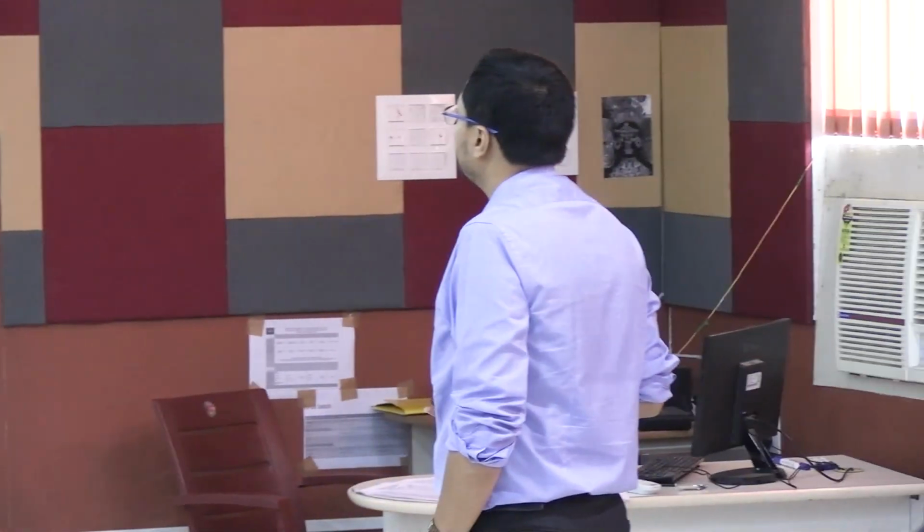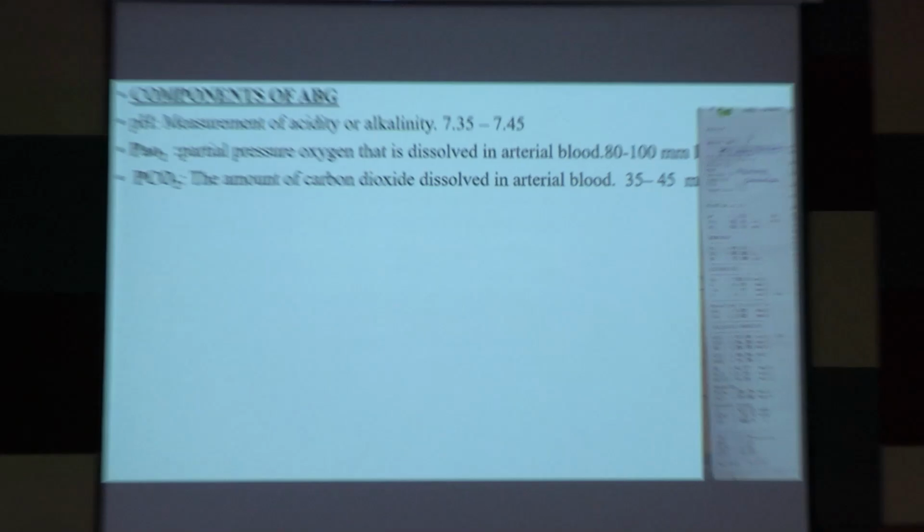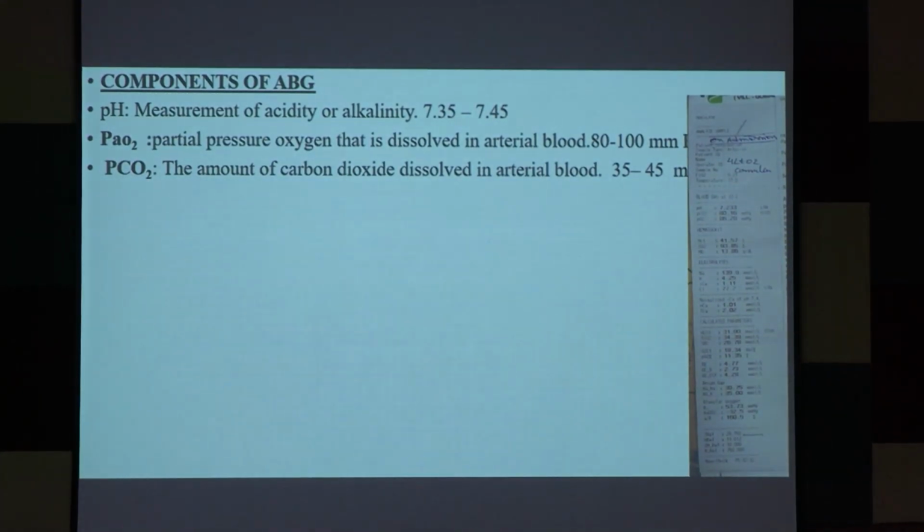Arterial. This is the arterial oxygen, right? So the partial pressure of oxygen that is dissolved in the arterial blood, normal is between 70 to 100 millimeters of mercury. Then PCO2, the amount of carbon dioxide dissolved in arterial blood, the normal value will be within 35 to 45 millimeters of mercury.